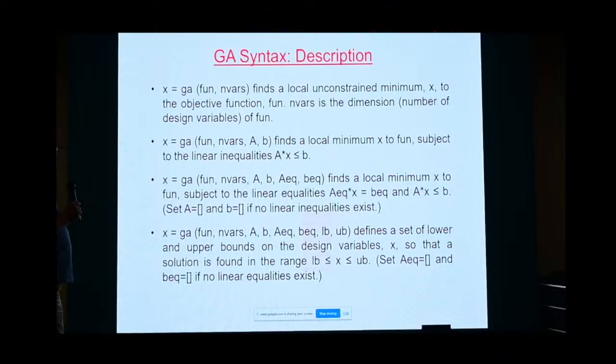The input is the function where the objective function is calculated, and the number of variables. Similarly, A, b, if you want some inequality constraint, you can enter that. If there is some equality constraint, that also you can enter. If there are bounds, meaning the variable should be in a particular range, then also you can enter these things. Next, directly we will take one problem, then it will be more clear.